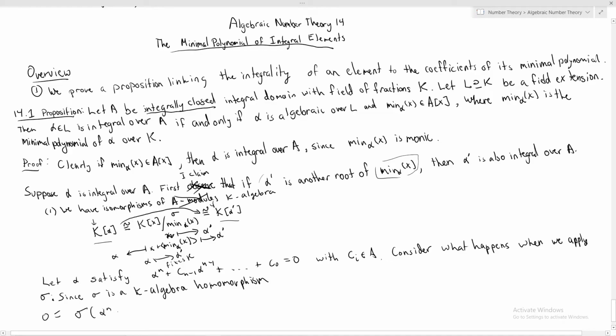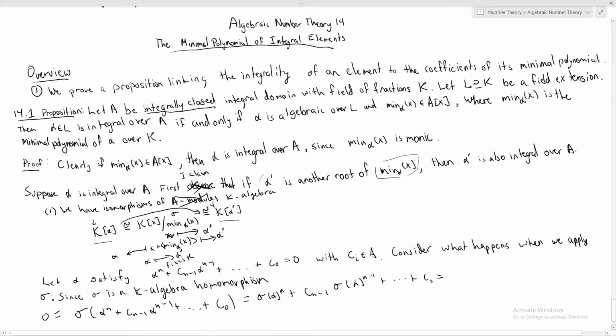It's sigma of alpha to the n plus c_{n-1} alpha to the n minus 1 plus c_0, which, using the algebra homomorphism properties, is sigma of alpha to the n plus c_{n-1}, and since this lives in K, it can pop right out, sigma of alpha to the n minus 1 plus sigma of c_0, which is just c_0.